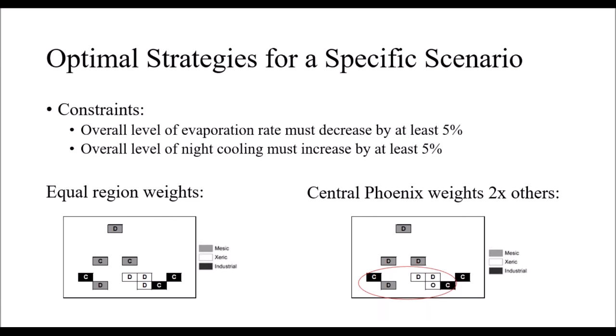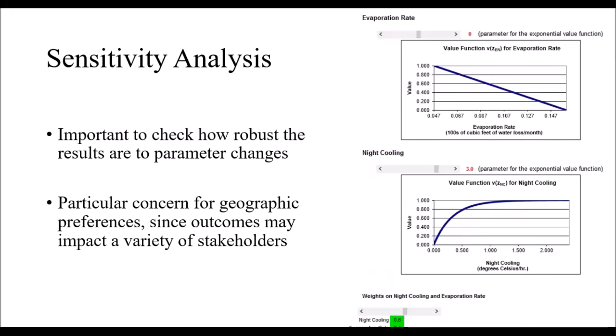Again, I'm just really trying to highlight how the preference pieces of this can overlay, can interact with the physical model, the LUMPS model, for how all of this information is generated in a geographic information system. And like any other major decision, you probably also want to do some sensitivity analysis once you've come to a result, and make sure that whatever you're choosing is more or less robust to possible changes in parameters.